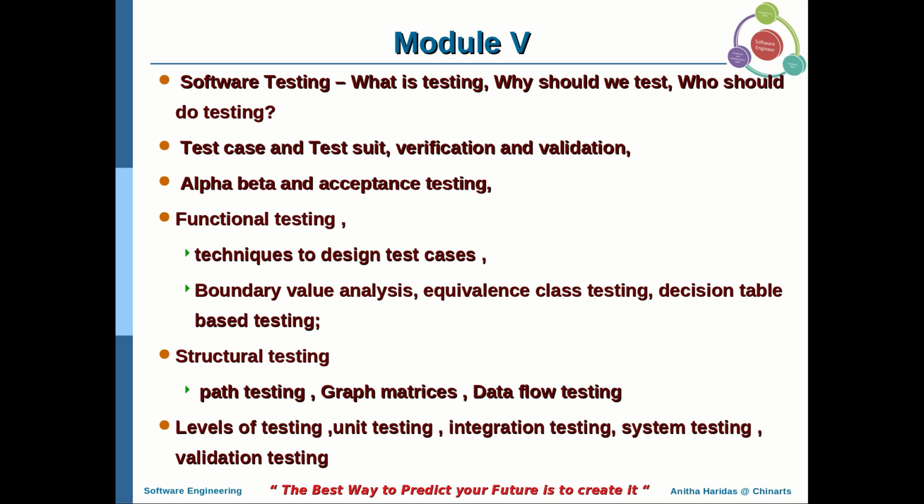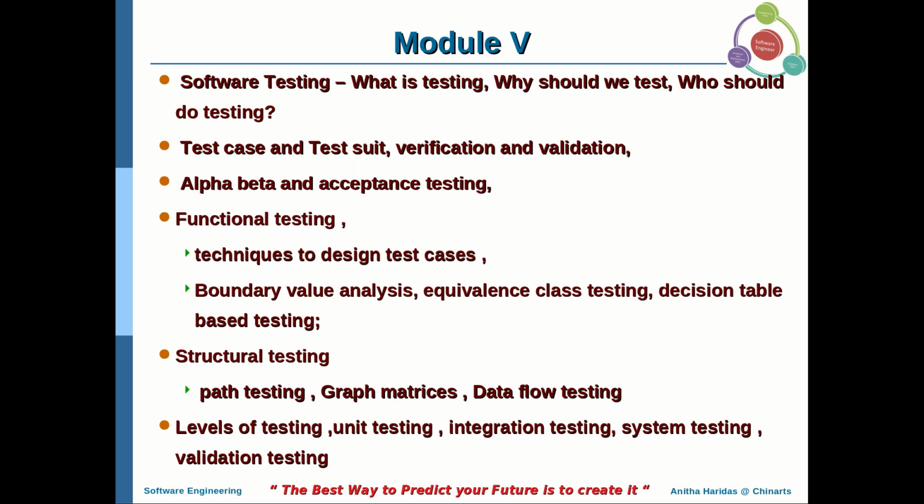Once you have completed your coding, the very important step in the software development life cycle is software testing. Before you deliver the software product to the customer, you need to test the software on your own. The developer needs to test the software before it is delivered to the customer. So you need to follow different strategies in software testing.